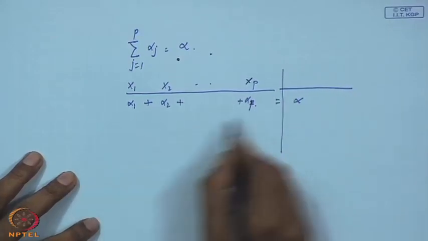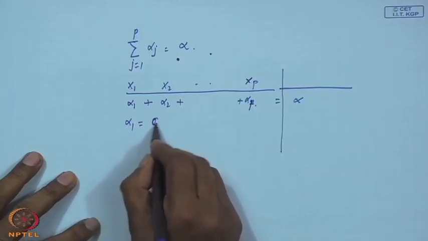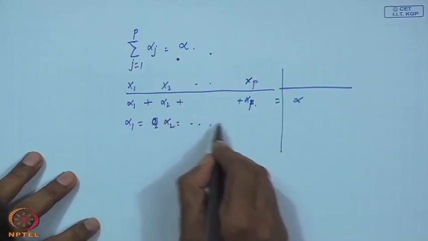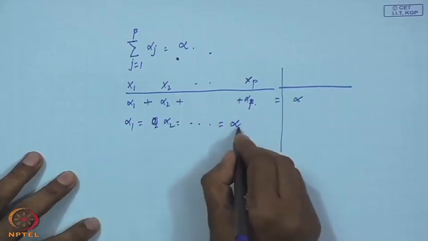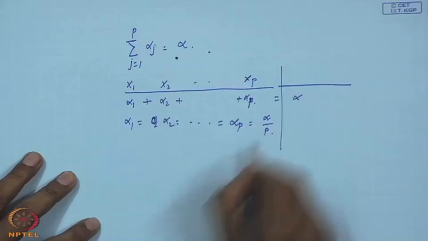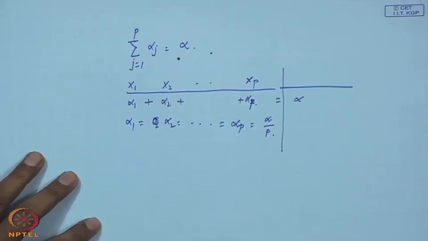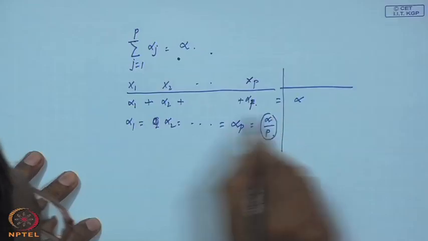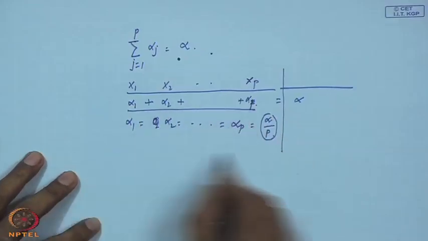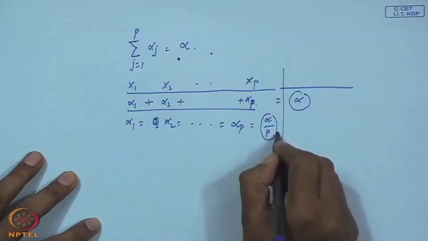If you give all variables equal weights, then this will be alpha by p. Getting me? If you give equal weight to each of the variables, so there are p variables, your total should be alpha, you will be getting alpha by p.